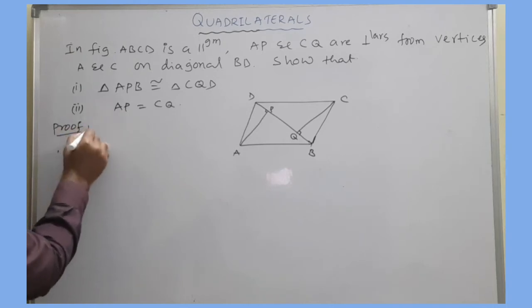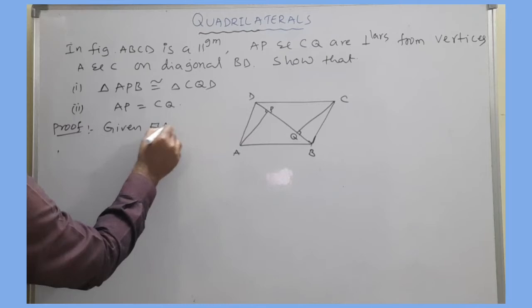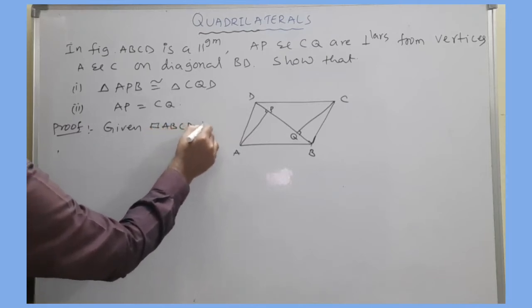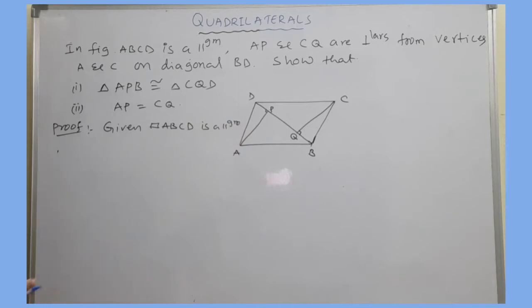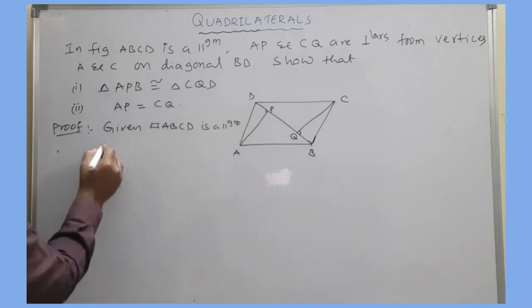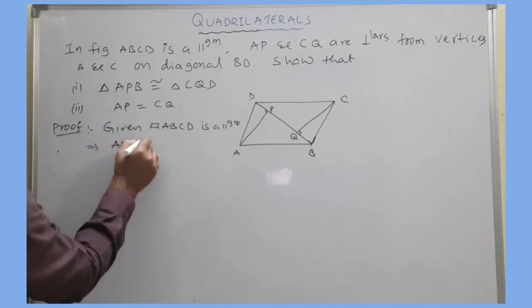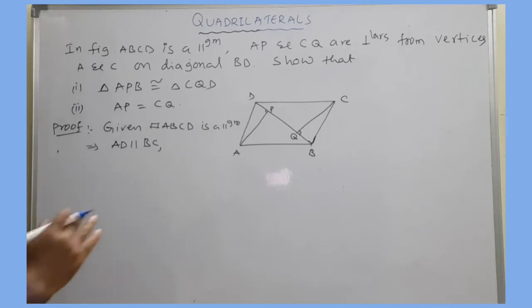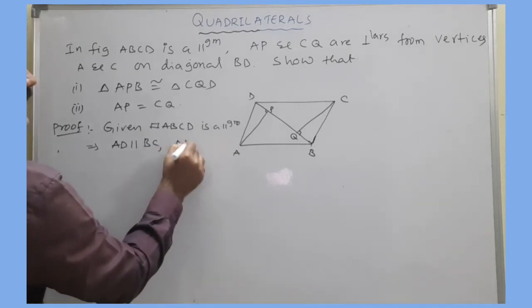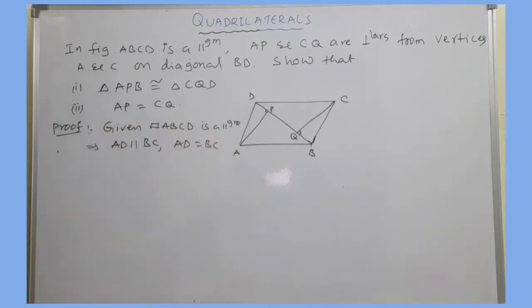So coming to the proof, given quadrilateral ABCD is a parallelogram. So generally we know that AD is parallel to BC. In a parallelogram, opposite sides are parallel as well as equal, so AD is equal to BC.